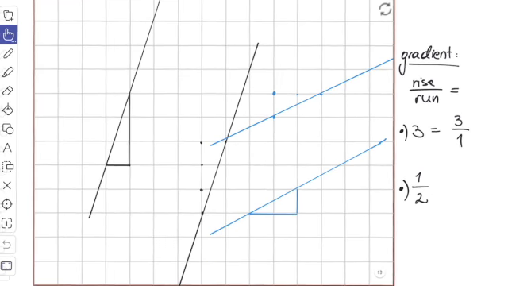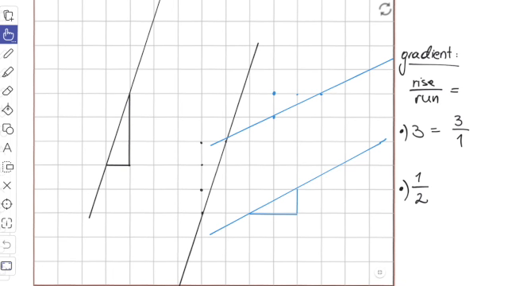Just a couple of things I'd like to point out here. If you have 2 straight lines, this one for example and this one, which both have the same gradient, that means that those 2 lines are parallel. Same is true for these two. These 2 lines both have a gradient of 1/2, so they're parallel.